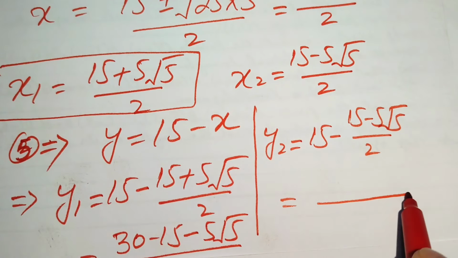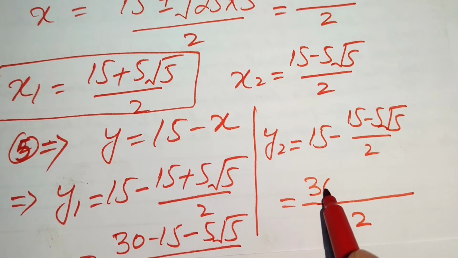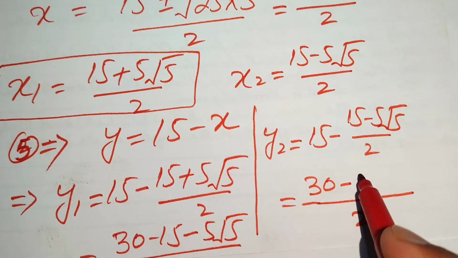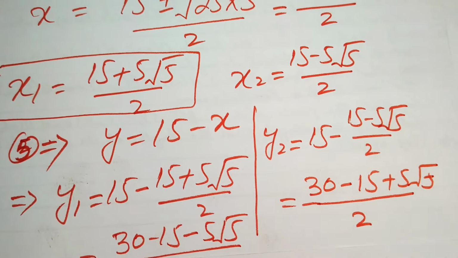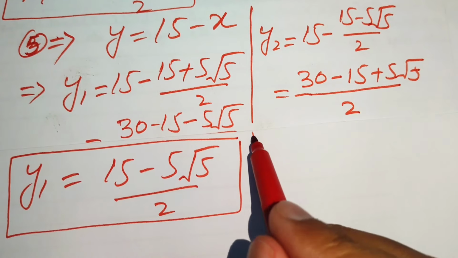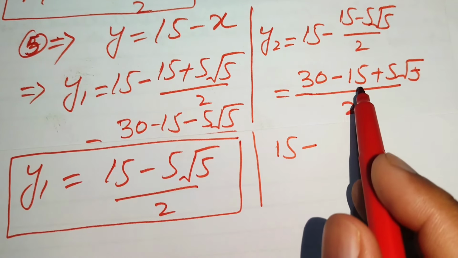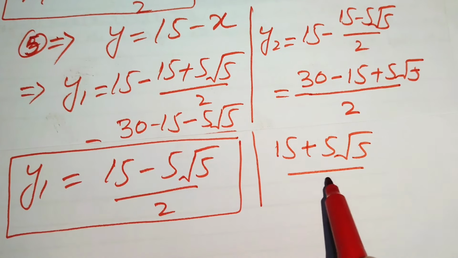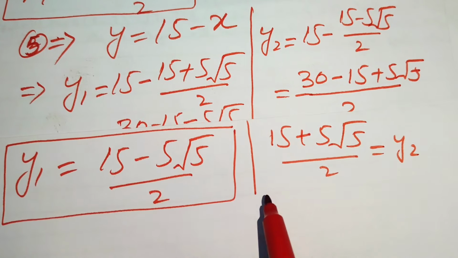Here we take the LCM of this term, and the LCM is 2, and it is written as 30 minus, multiplying this minus sign on each of these terms, 15 minus 5 times the square root of 5. With some simplification, 30 minus 15 becomes 15, plus 5 times the square root of 5, divided by 2, and this is the value of y2.